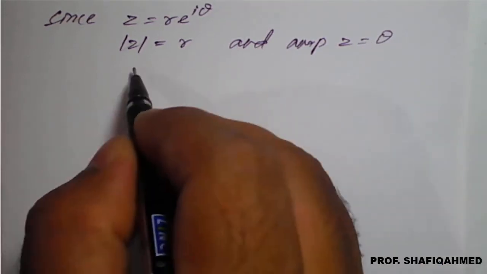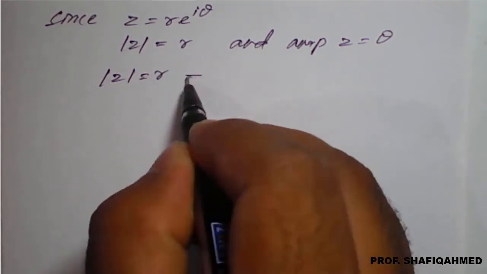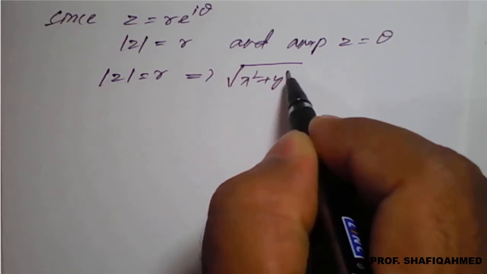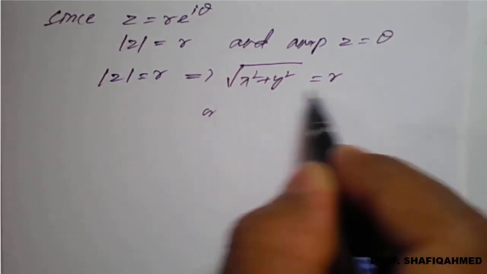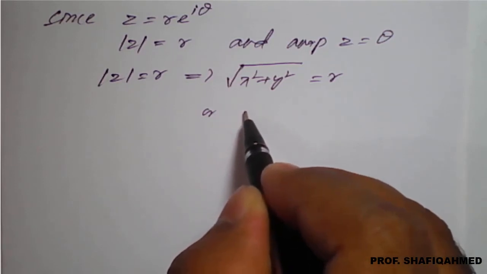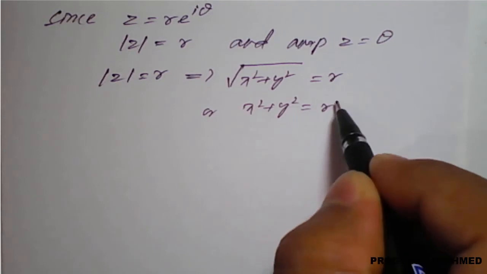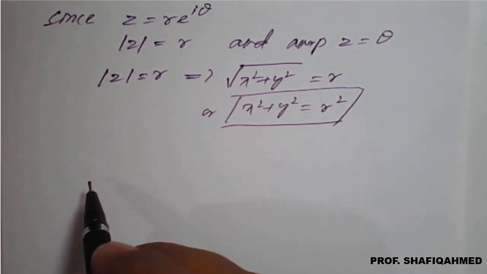Therefore mod of z, which is r, is nothing but square root of x square plus y square is equal to r, or on squaring both sides we get x square plus y square is equal to r square. So this is all basic information we know.